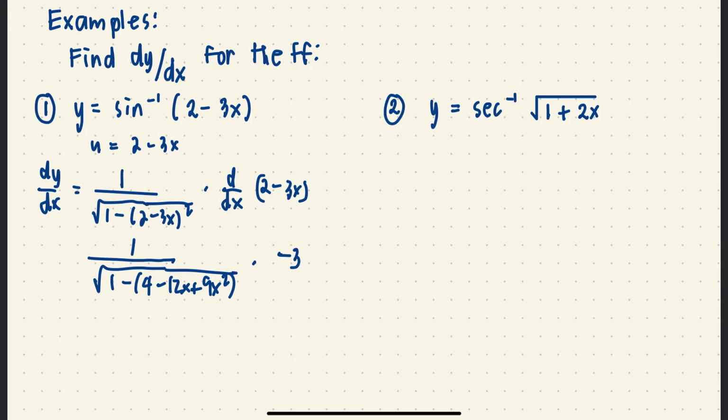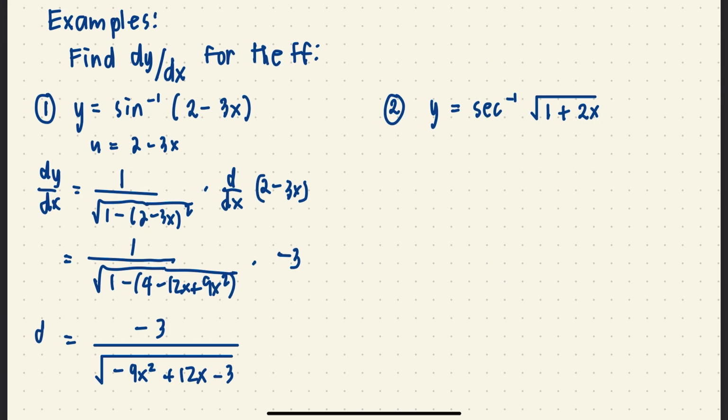Then we simplify. Multiplying by negative 3, you'll get negative 3 all over the square root of, we'll just distribute the negative sign, so this will become negative 9x squared plus 12x minus 3, negative 4 plus 1.